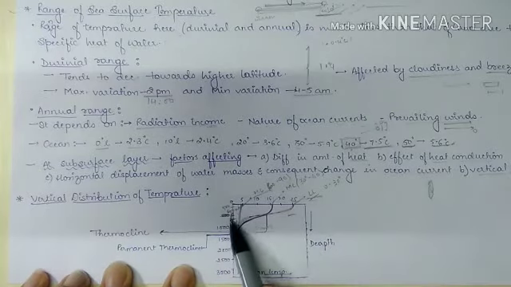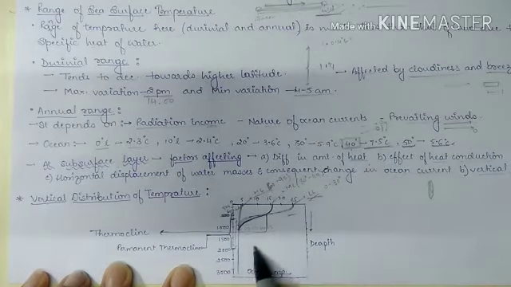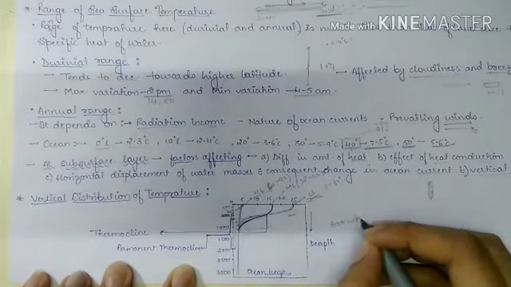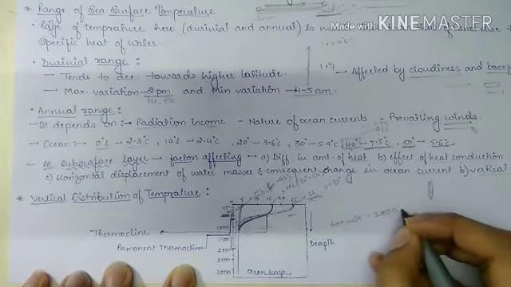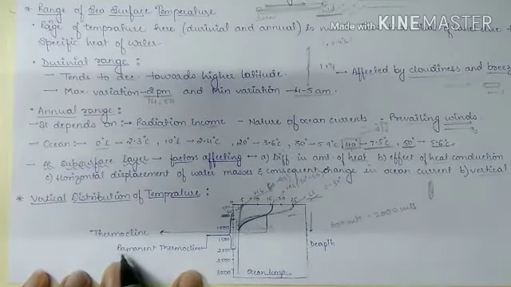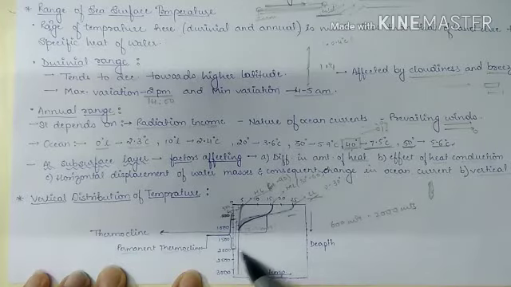So this area where we can find maximum variation in temperature ranges from 600 meters to 2000 meters, and this area is known as the zone of permanent thermocline. After 2000 meters, there is no change in temperature.